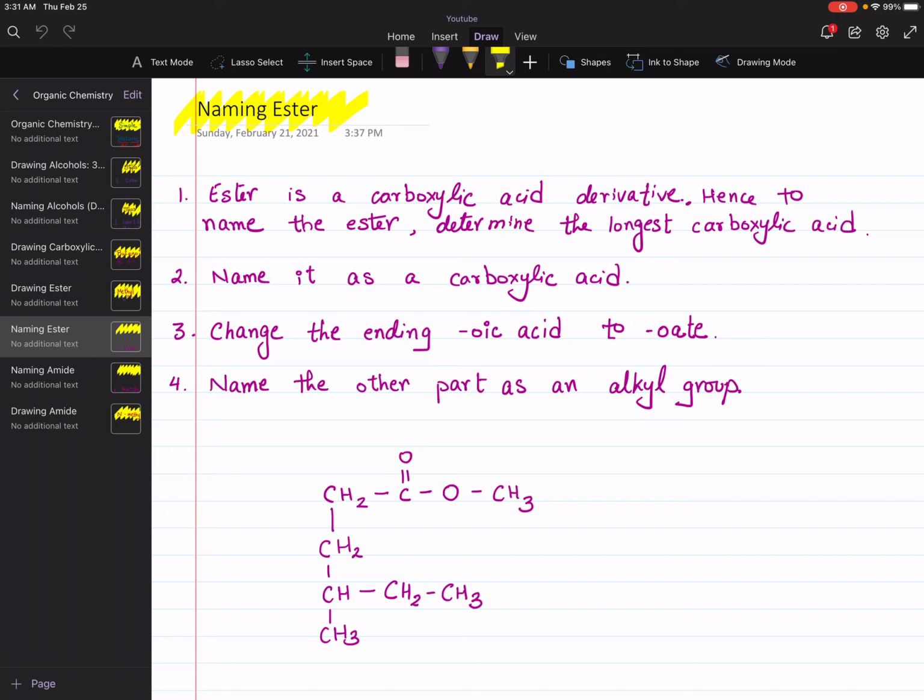So the carboxylic acid component will always have the C double bonded to the O and single bonded to the O as well. So this piece here that we see is coming from the carboxylic acid. So this whole component here, this whole component here, and this piece here, this is all coming from the carboxylic acid.